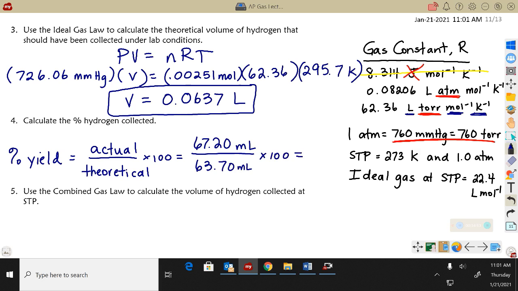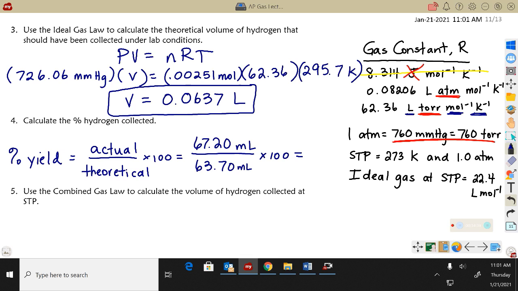Hey, this isn't too bad. I mean, gas labs are really tricky because a gas can escape from almost anywhere. If I didn't have a perfect seal, a gas could escape. And there's also an error in this particular lab that might cause me to create a little extra gas. It might seem that I created a little extra gas. And so we're going to be a little over 100% yield.